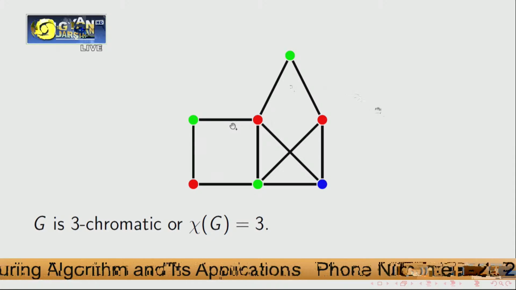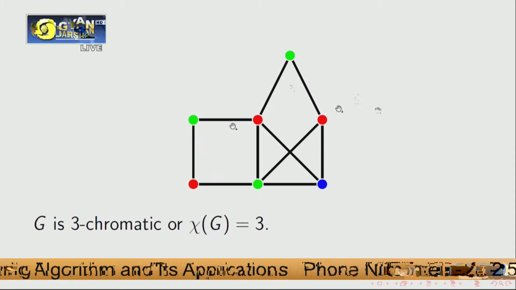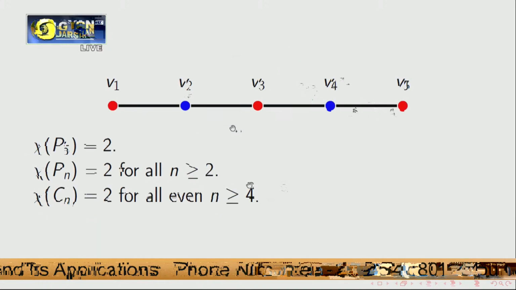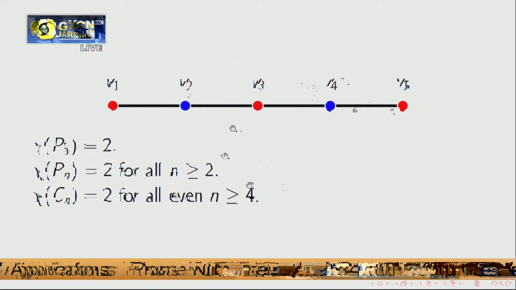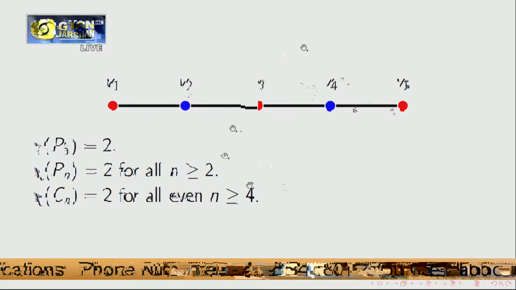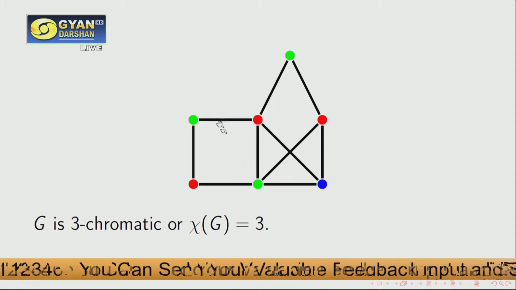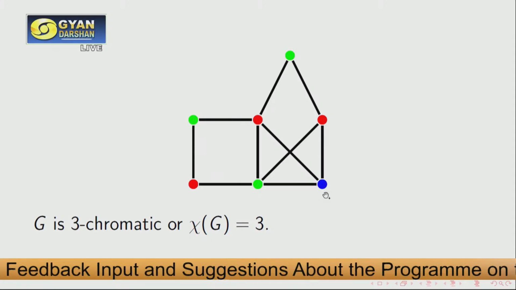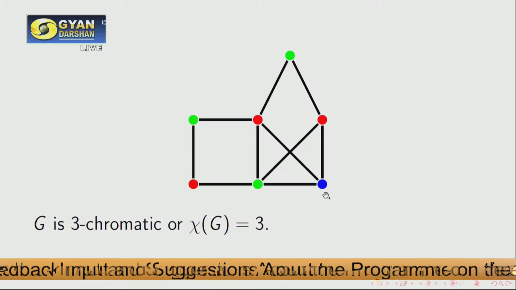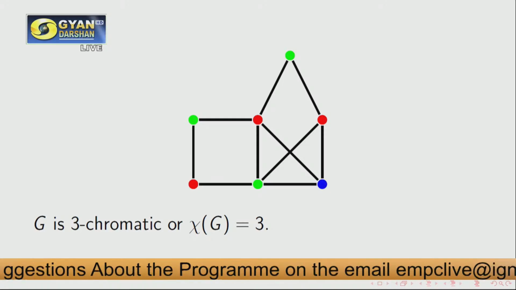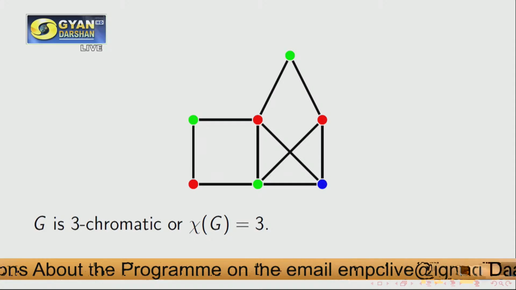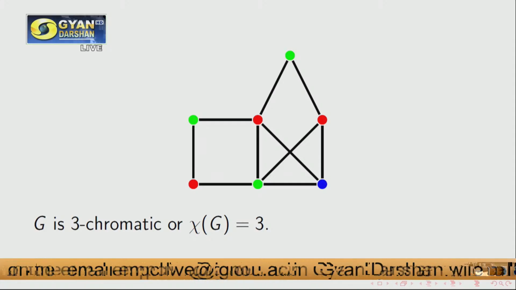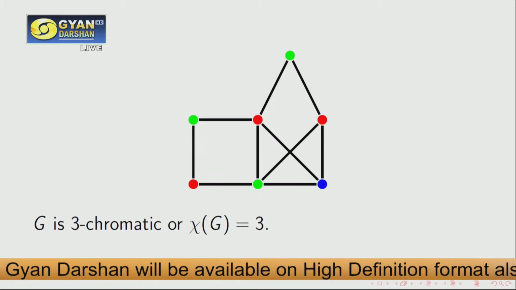Look at any two vertices of the same color; you will see that there is no edge between them. For instance, the green vertices form an independent set. Likewise, the red vertices also form an independent set. And since the blue one is only a single vertex, it forms an independent set. In that way, we can see that the coloring is valid and it uses 3 colors, and therefore its chromatic number is at most 3.